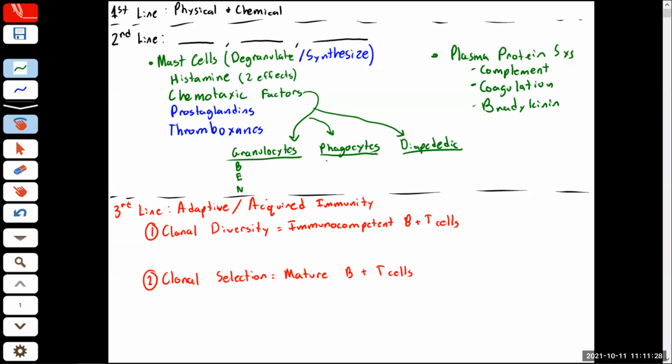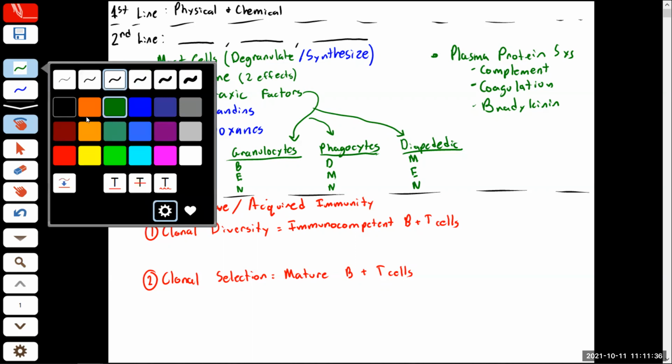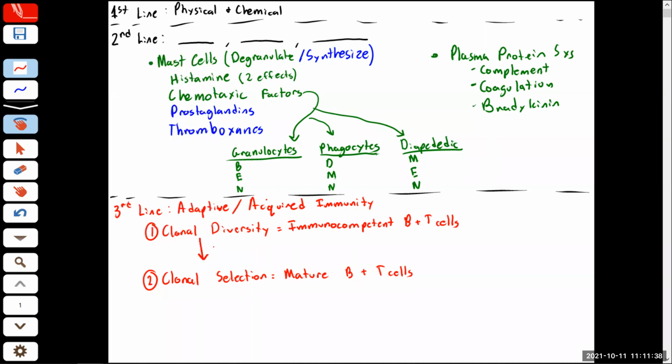Then the question is how? How do we go from step 1 to step 2? It has to be exposed to an antigen. Who's carrying the antigen? So I'm going to write antigen here. And you're right, an APC is bringing it. Who are my APCs?